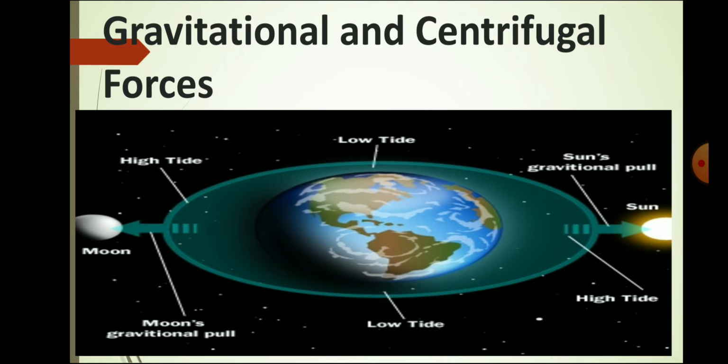On which day can we see this? On full moon day as well as on new moon day. Here we can see the full moon day's position of the Sun, Earth and Moon. The Sun's and Moon's gravitational pull try to pull the water level towards their side.